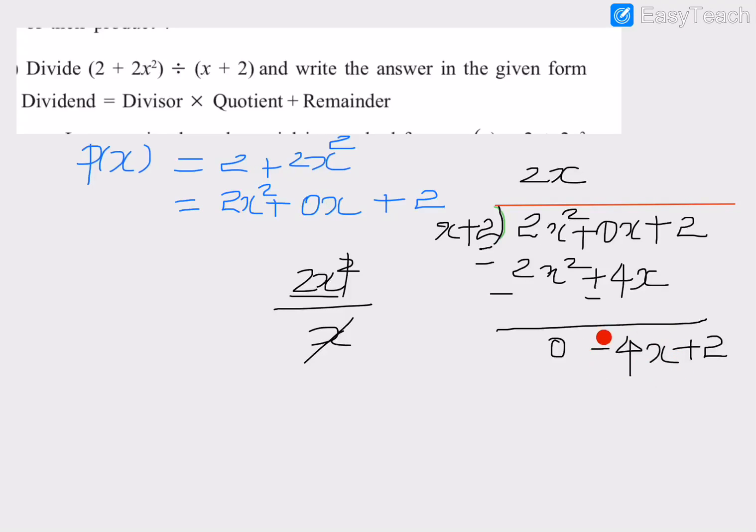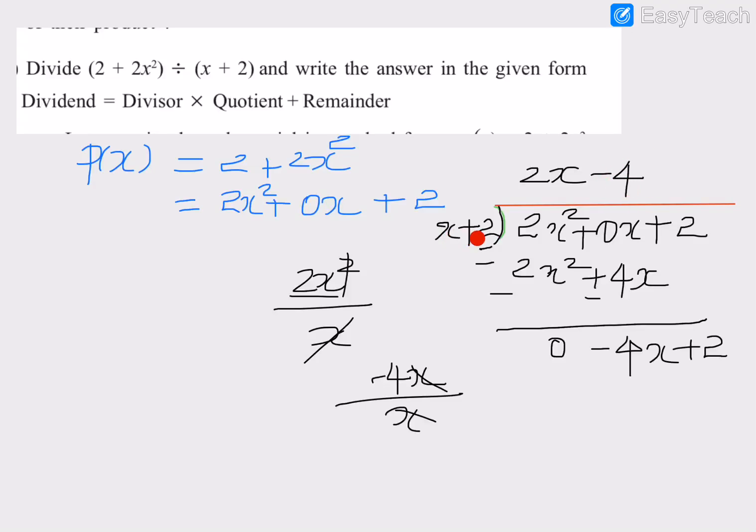Now again we will divide the first term of the polynomial, minus 4x, with the first term of the divisor, x. So minus 4x divided by x, x and x are common and get cancelled, so minus 4 we get as quotient.